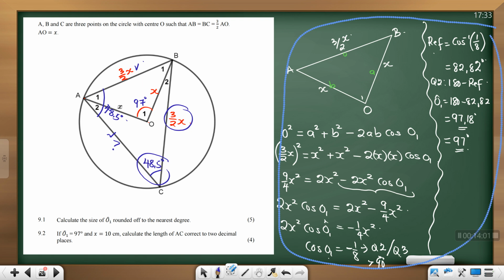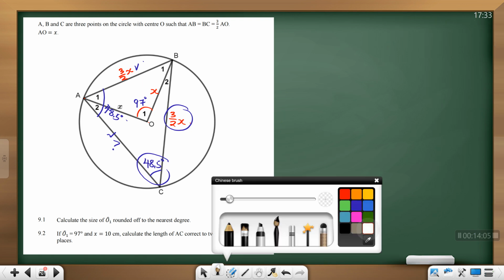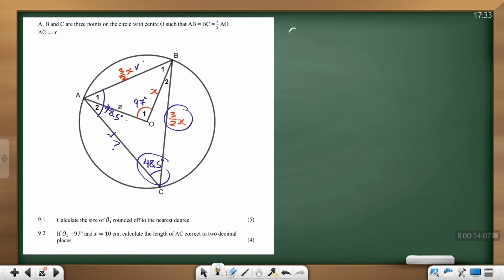I want us to go to mainly Euclidean today, but okay, so we start by saying angle C equals what? 48,5 degrees. What's your reason? Angle at center is equal to 2 times angle at circumference, right? I hope everybody's okay.